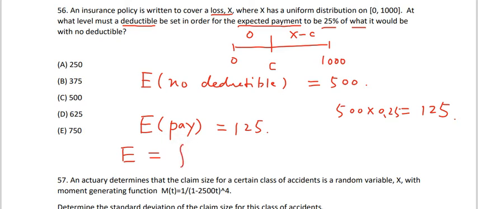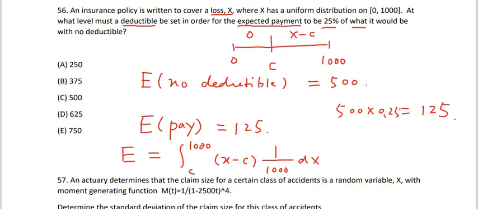From c to 1000, the payment is x minus c, right? And the density function is 1 over 1000, so dx. We just let this equal 125.